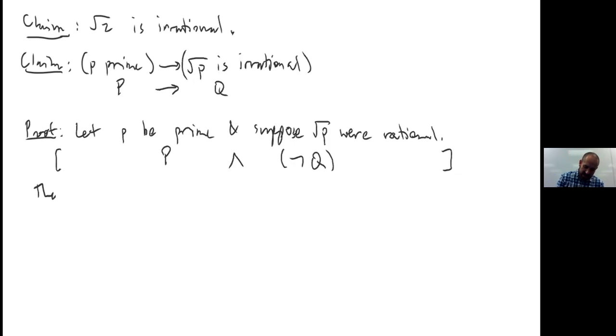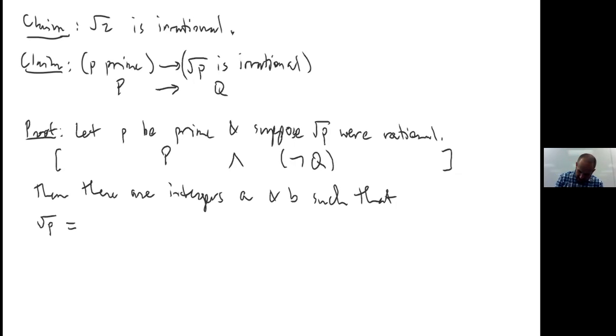Okay, then there are integers, let's say A and B, such that the square root of P is equal to A over B. And there are some things we know about B, for instance, like B can't be 0, right? I mean, of course, something that's in the denominator couldn't be 0, okay? Yeah? So far, so good? All right.